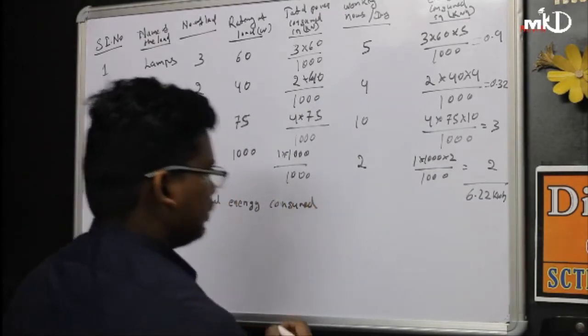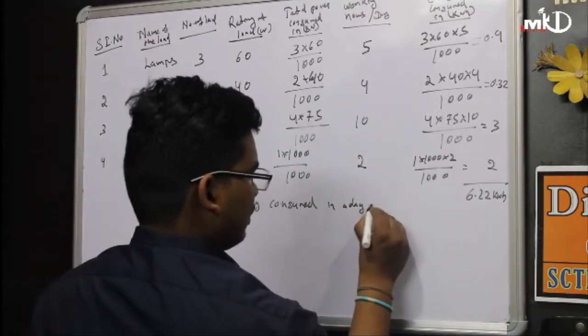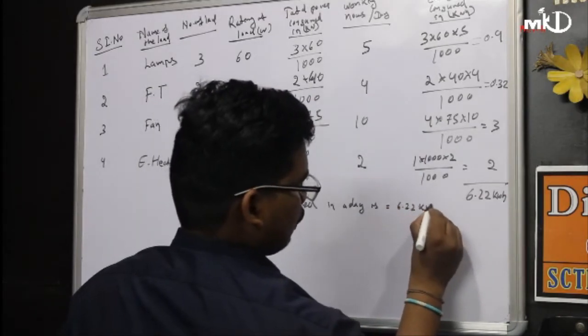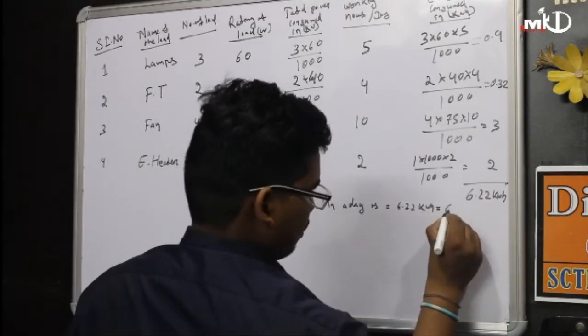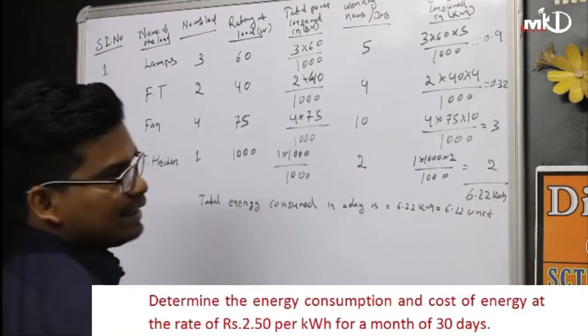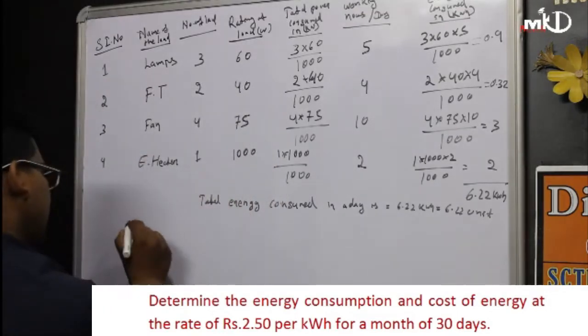Total energy consumed in a day is 6.22 kilowatt hour. The question is given that in a month of 30 days.